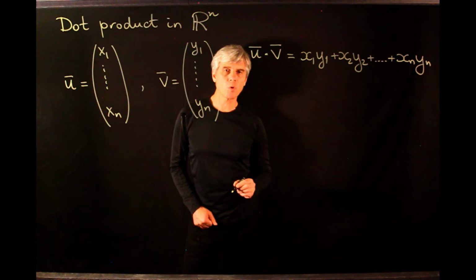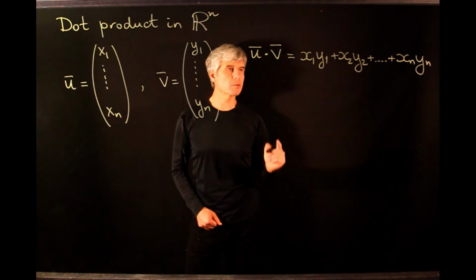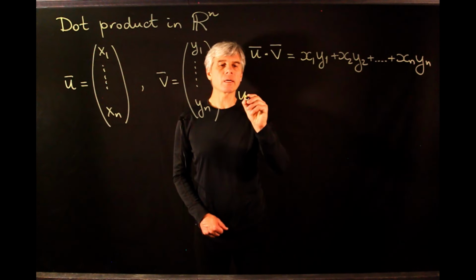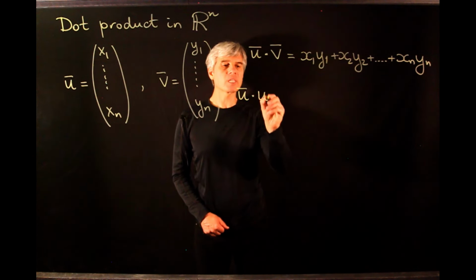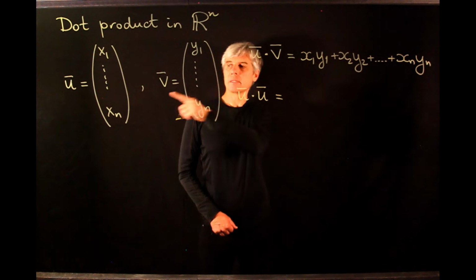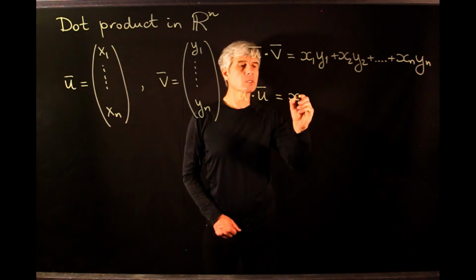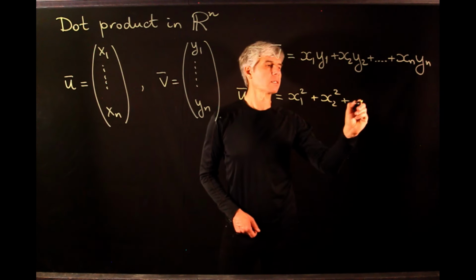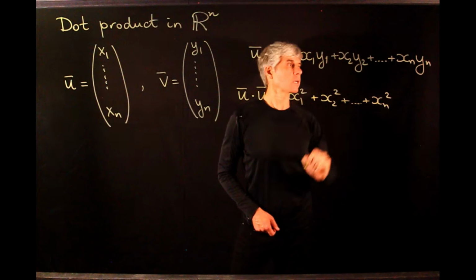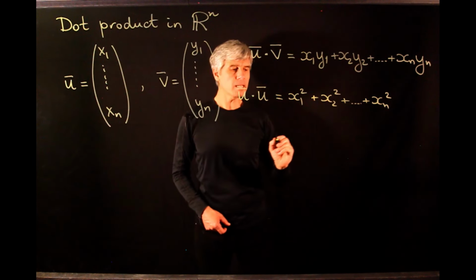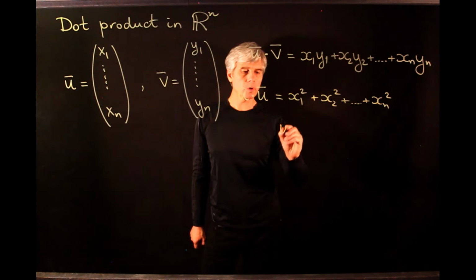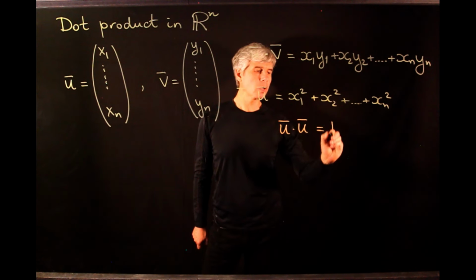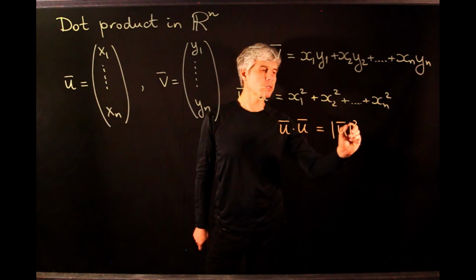The most important property of the dot product is that it is related to the length of a vector in the following way. If we take the dot product of a vector with itself, then the expression will be x1 squared plus x2 squared plus up to xn squared. And so what we see is that the dot product of a vector with itself is equal to the length of this vector squared.